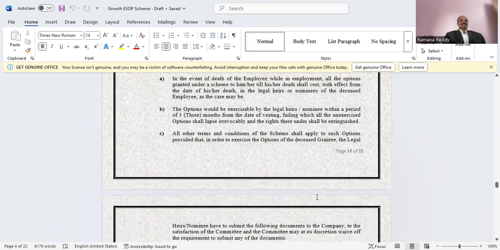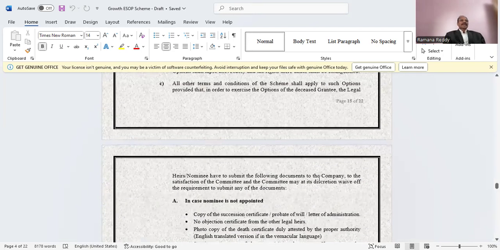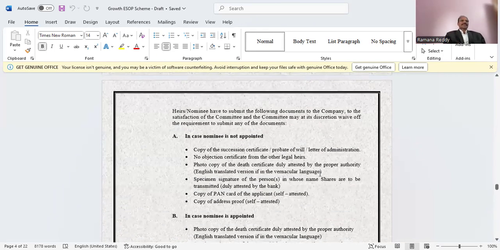So all the terms and conditions of this scheme shall apply to such options, provided that in order to exercise the options of the deceased grantee, the legal heirs or nominees have to submit the following documents.